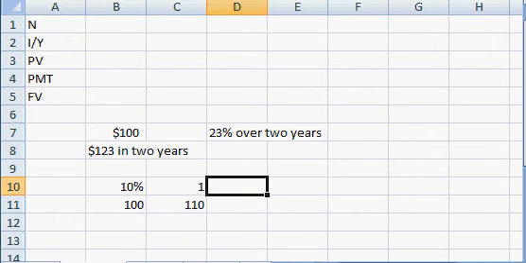And in 2 years, it's equivalent to 121: the $100 earns another $10, and the $10 earns $1, making 11 total, and we get to 121. So all of these numbers are equivalent. $100 today, 121 in 2 years. You can think of them as exactly the same.